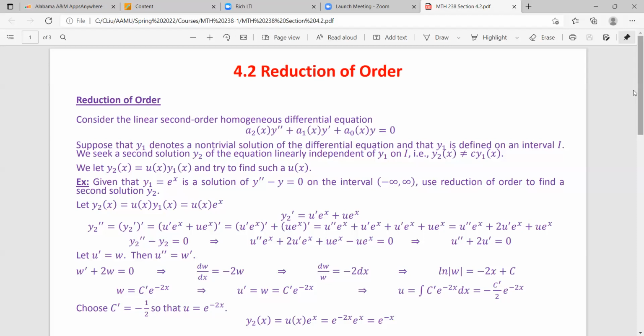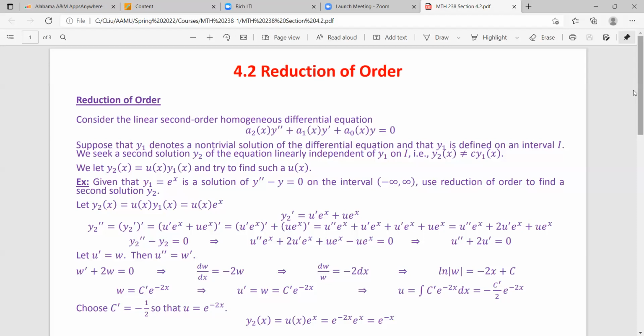One thing we discuss in this section is called the reduction of order. So suppose you already found one solution for a homogeneous second order differential equation, then we can use the technique of reduction of order to find another solution for this equation, which is linearly independent with the given solution.